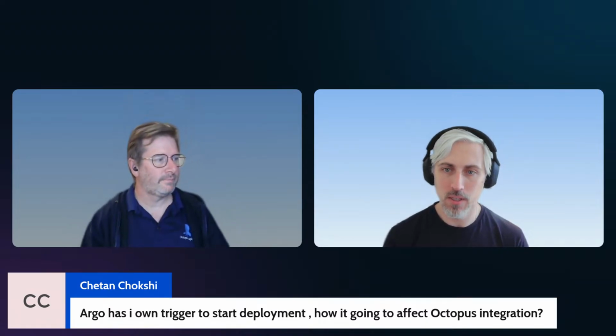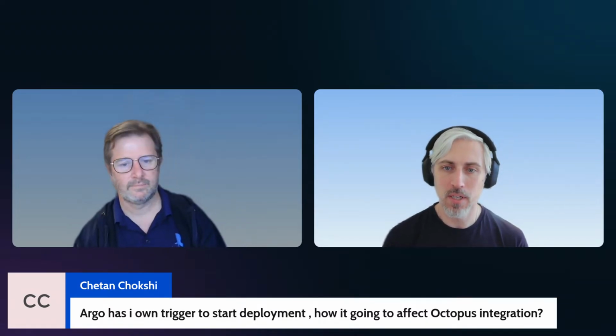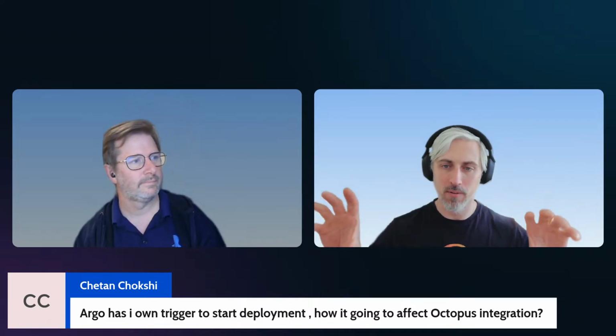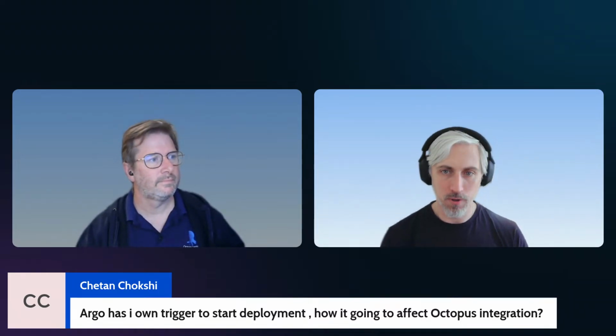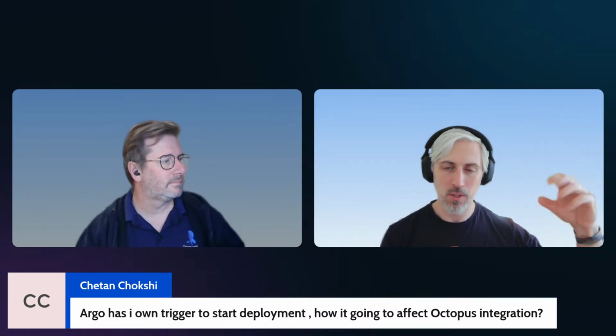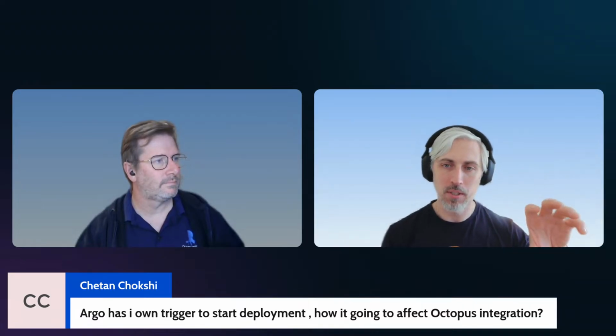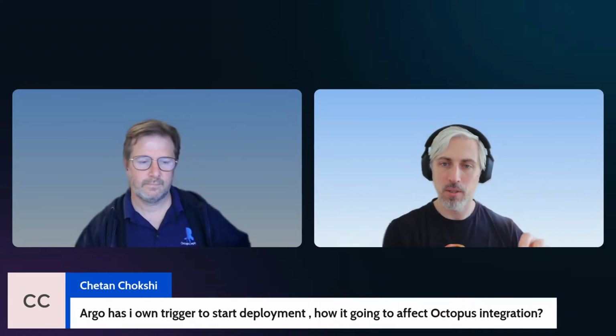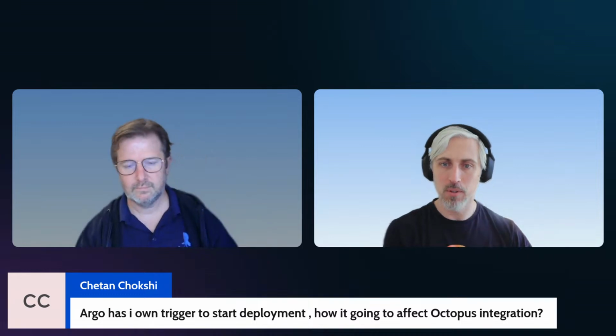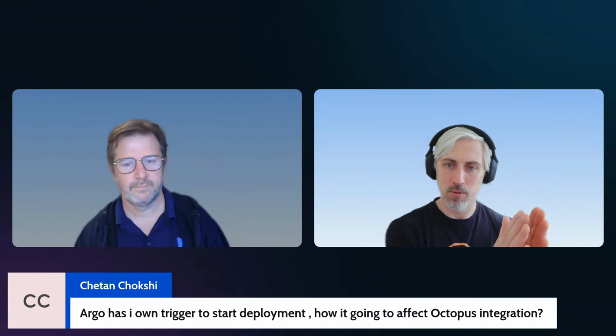Argo can start deployment on Git commits. But here we have a chain. First, Octopus will spot a new container, a new Helm chart, or a new Git commit. Octopus will do its magic, create a release, and kick off deployment. During the deployment, Octopus will update a manifest, let's say the Helm values file for your Argo app.